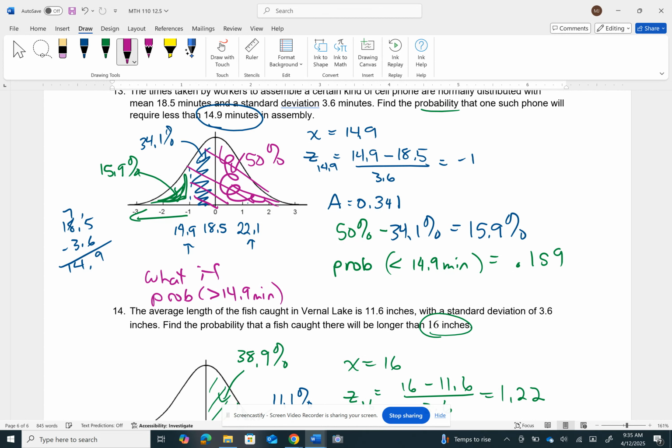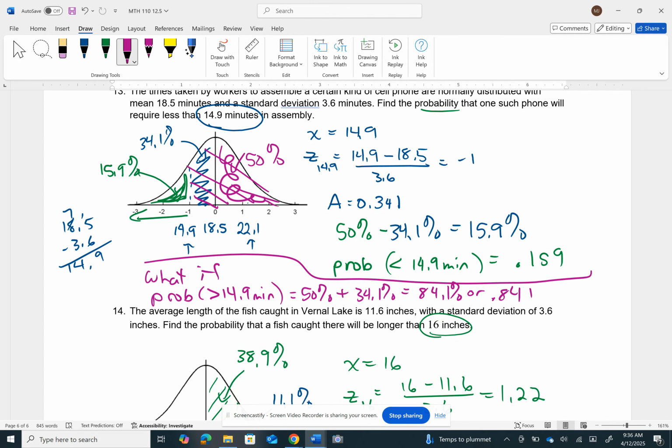So if you needed more than 14.9 minutes, you would have taken the 50% plus the 34.1%. You would have gotten 84.1%. So that would be a probability of 0.841. See how it would be 1 minus that? Okay. All right, so you got to be ready. You got to be able to draw the picture so that you know what you're being asked. So you keep straight which way you're supposed to be handling things, whether you're going to need to add or subtract.